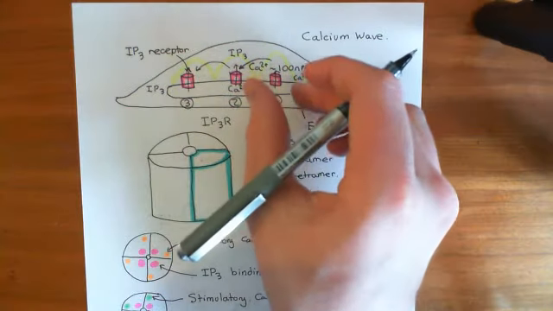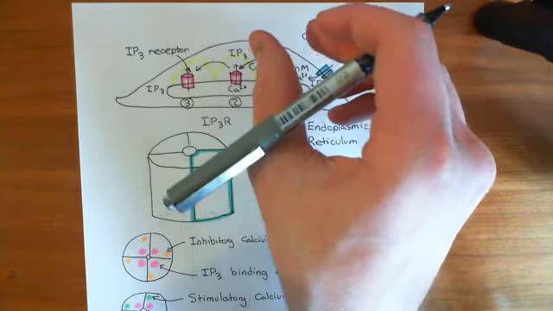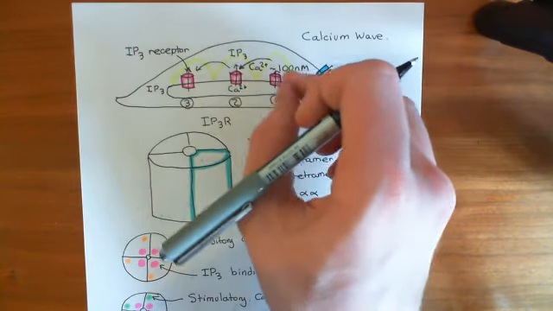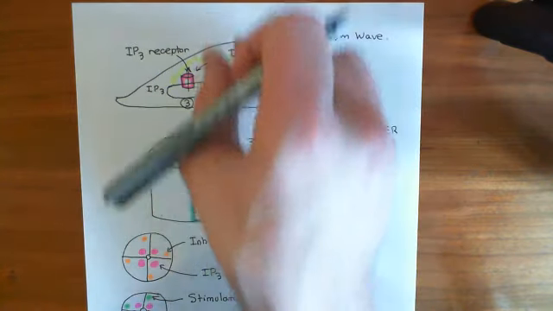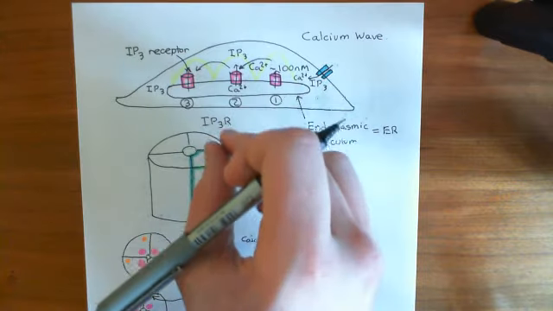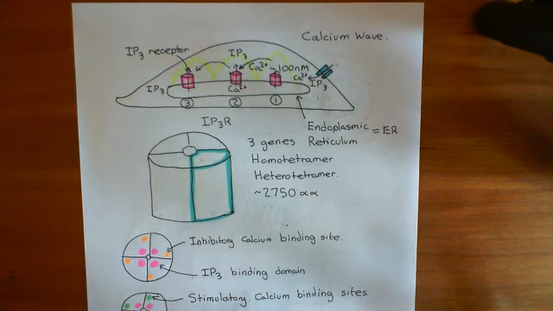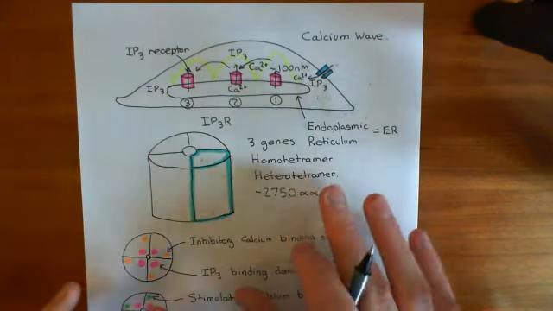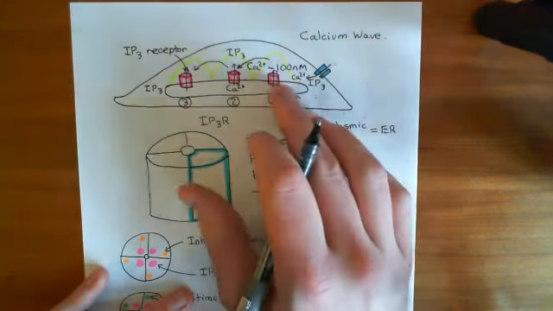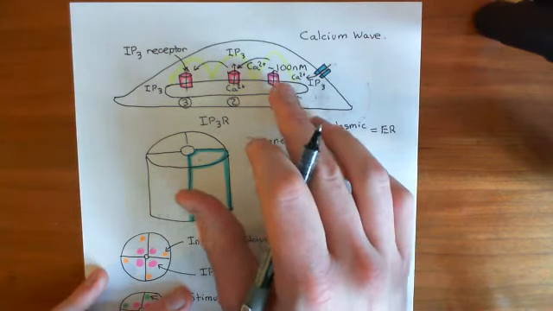You get a rise in calcium in this place, and then it goes down because of the negative feedback effect. And then you get a rise in calcium here, and it goes down again, and it's this propagating calcium spike, basically. And I should just explain why the calcium goes back down after the IP3 receptor has inactivated.